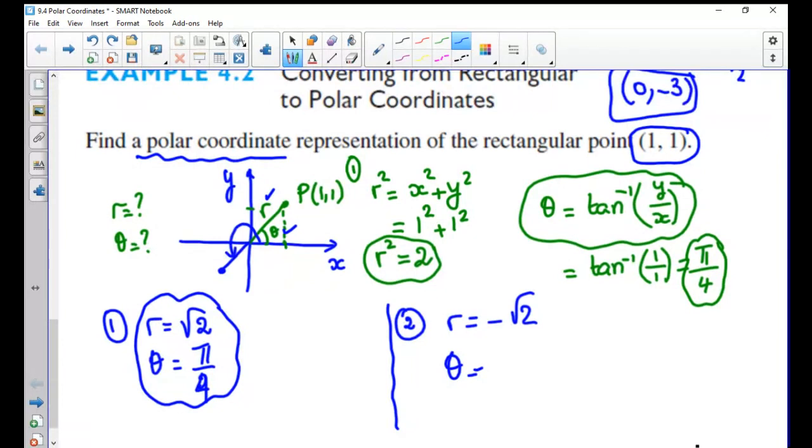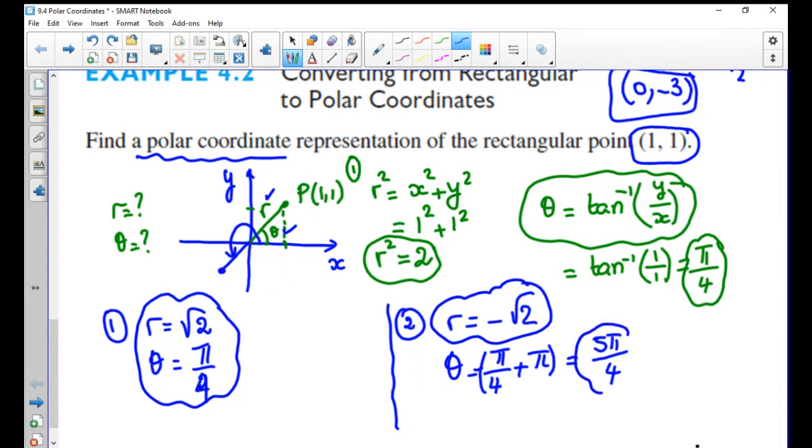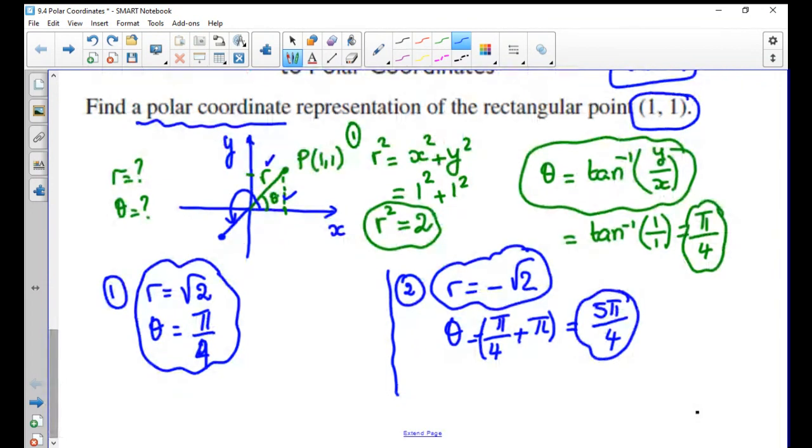Theta will be the pi over 4 that you found before, and you add to it pi. That gives you 5 pi over 4. So this is another polar coordinate representation, if you want.